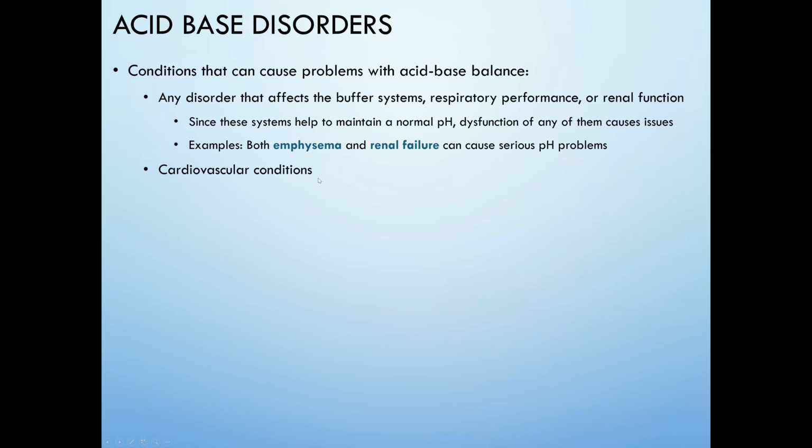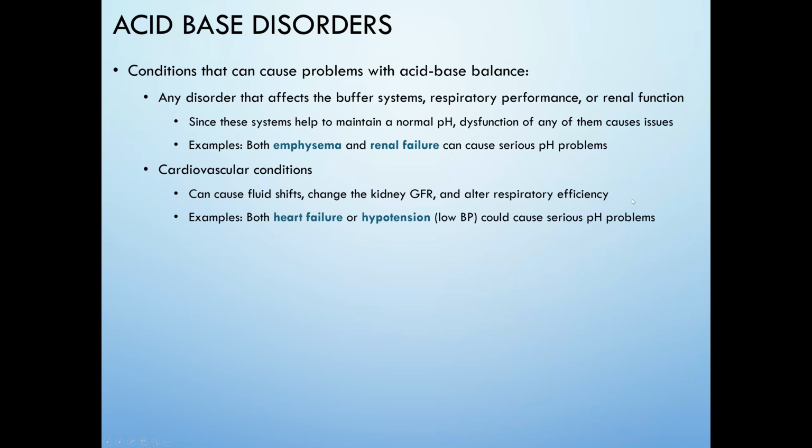Also, cardiovascular conditions can affect acid-base balance. So changes in the cardiovascular system can cause fluid shifts between the ICF and ECF. It can also change the glomerular filtration rate of the kidney, and it can alter respiratory efficiency. So, for example, both heart failure or hypotension, which is abnormally low blood pressure, could cause serious pH problems.